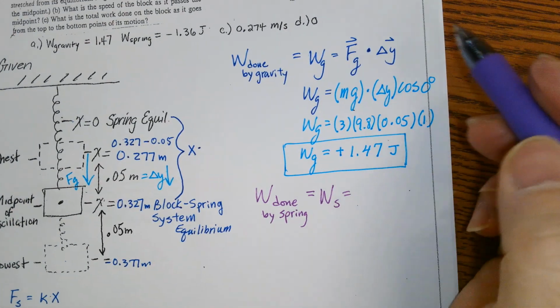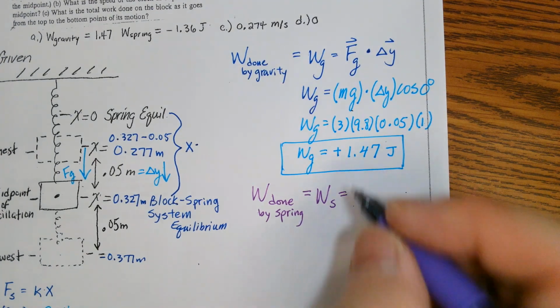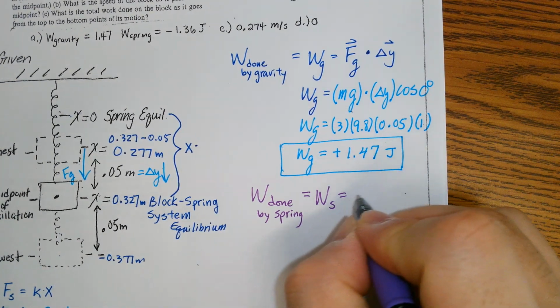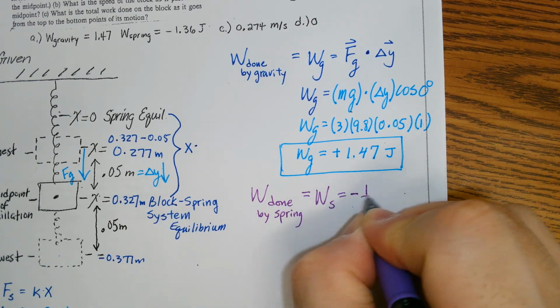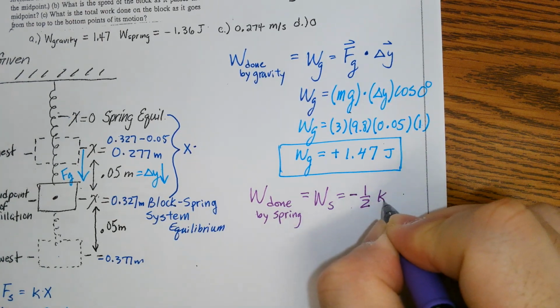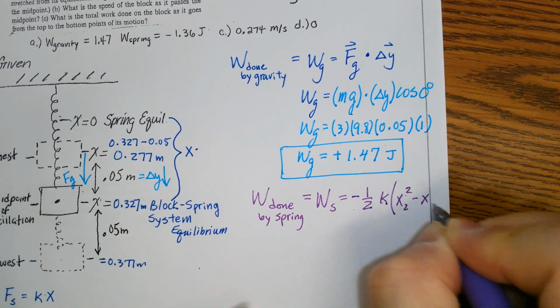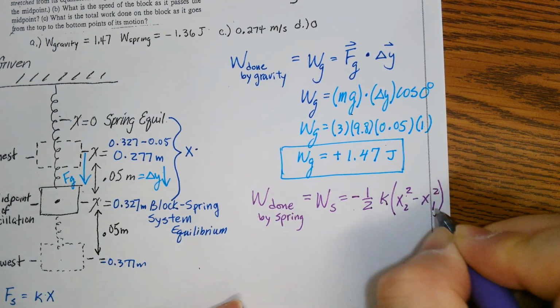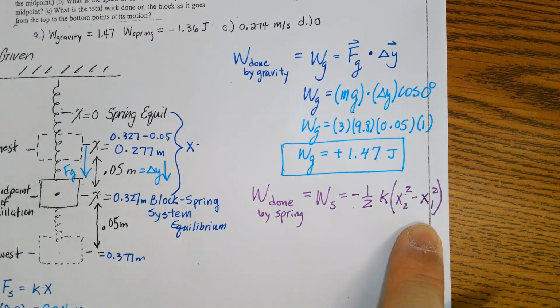You cannot say F spring dot delta y. Why? Because it is not constant force. We have to use negative 1/2 times k times x2 squared minus x1 squared. We derived this in your notes. I think I told you to memorize that.